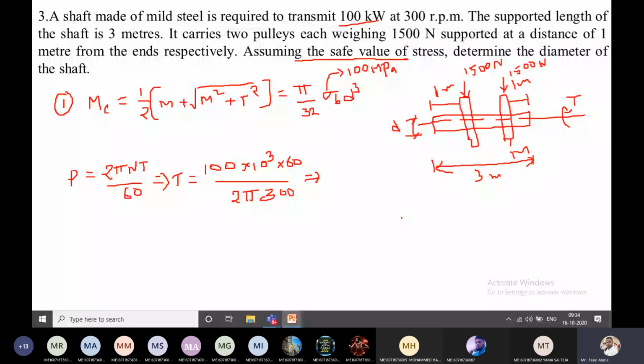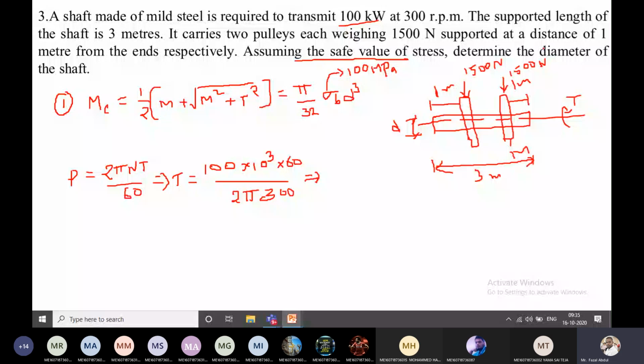It is carrying two pulleys, each weighing 1500 newtons. I have shown in the figure the two pulleys, supported at a distance of 1 meter from each end. It means from this end 1 meter, and from this end also 1 meter.